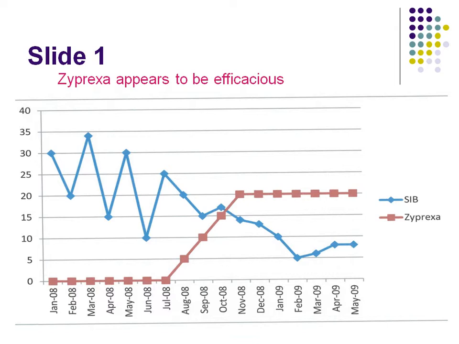So you can see how important the baseline period is, because if you had immediately started Zyprexa before the baseline, say in January of 2008, and they came back a month later and the frequency was down, you would say, oh, look, the Zyprexa is working.